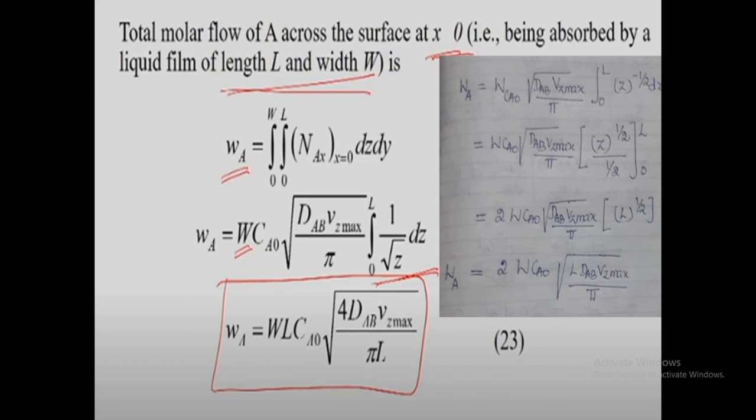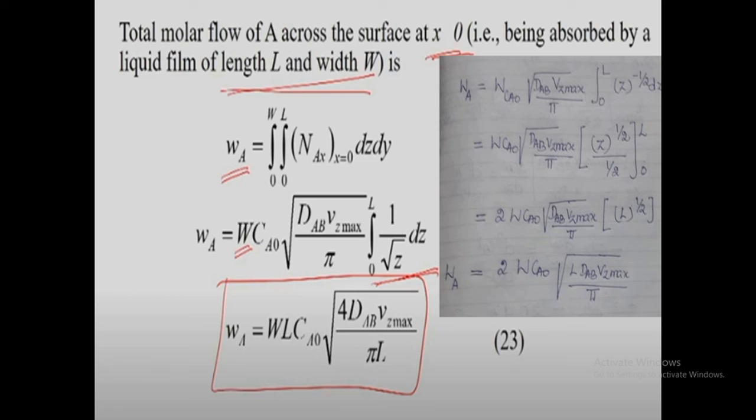Total molar flow of capital A across the surface at x equal to 0. For that you refer to the 3-dimensional view: y equals capital W, z equals capital L. So from that, total molar flow W_A is equal to integration of 0 to W, integration of 0 to L, N_Ax at x equal to 0, dz dy.